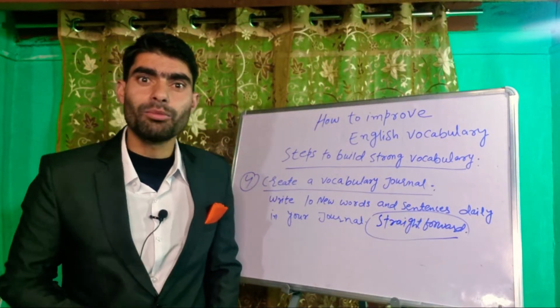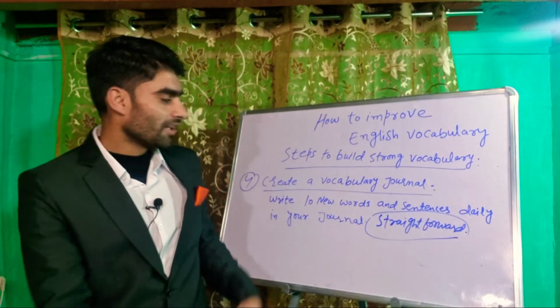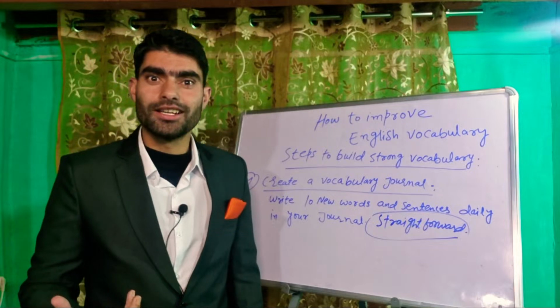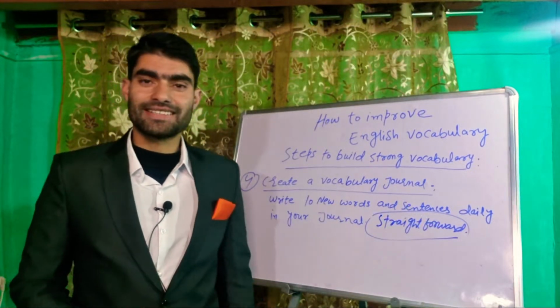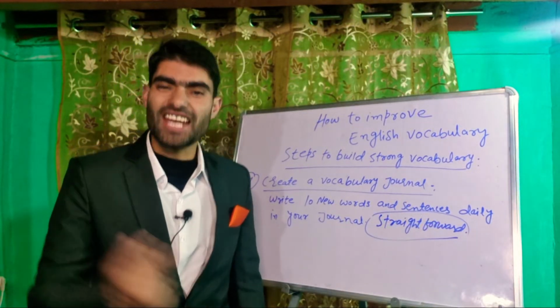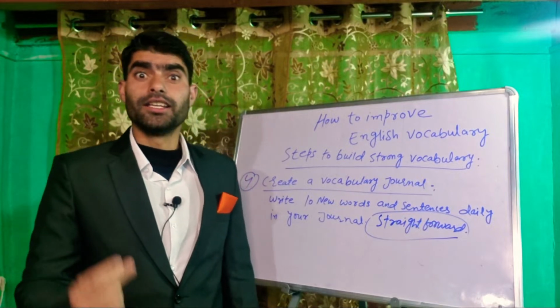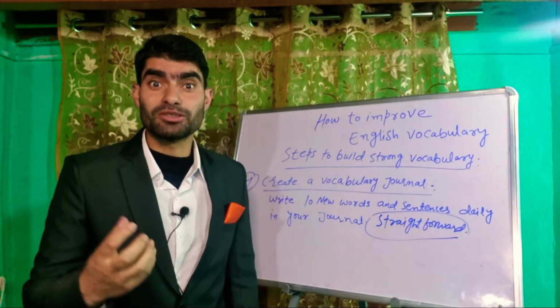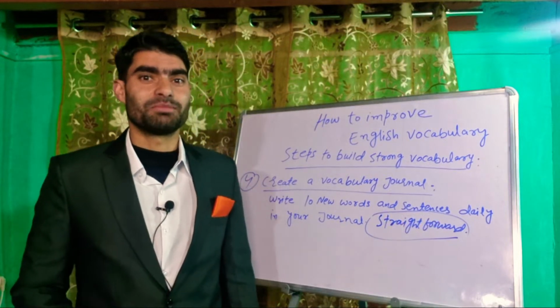You have every opportunity. You can type in Meta AI, you can use Google. Just type these words and sentences, and Google or Chat GPT or Meta AI will give you the answer in seconds. You cannot imagine the speed of Meta AI or Chat GPT.